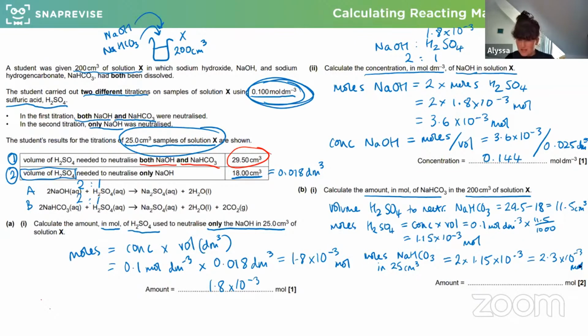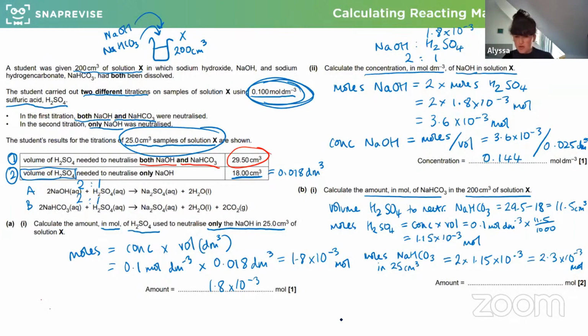It wants it in 200 centimeters cubed. So how do I do that? If it's 2.3 times 10 to the minus 3 moles in 25 centimeters cubed, how do I convert it to 200 centimeters cubed? Good. You've obviously got some good mental maths going on.